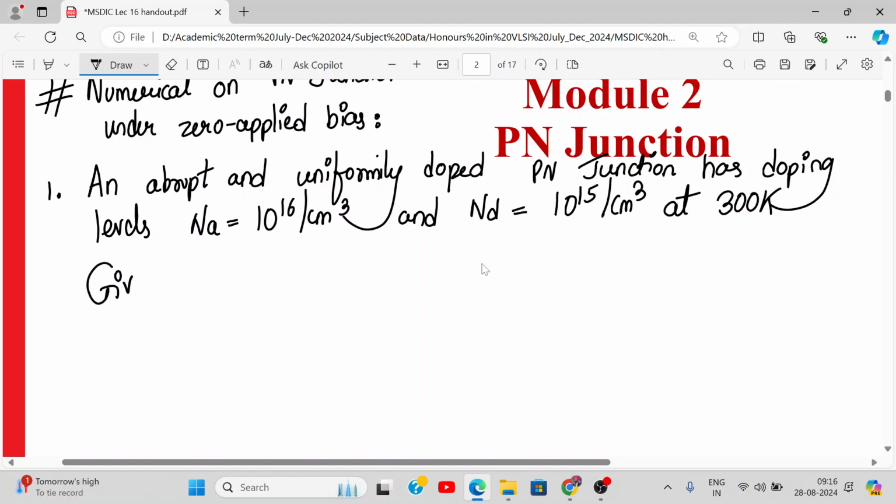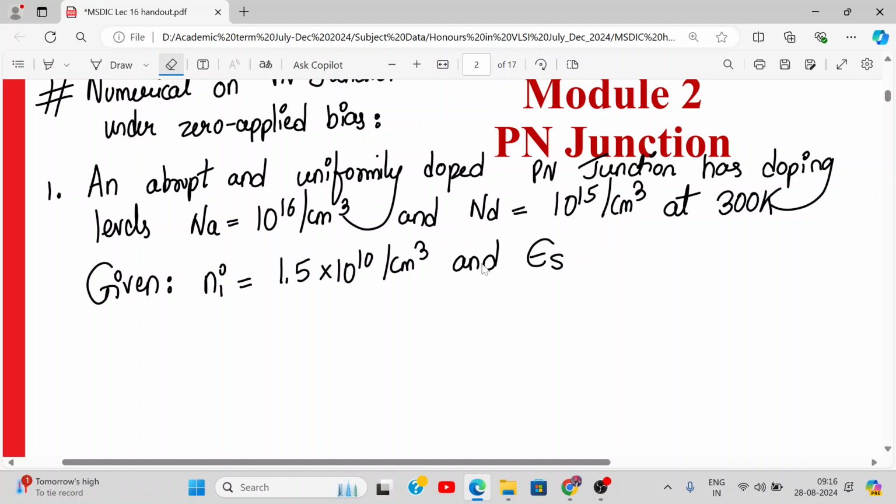Given intrinsic carrier concentration Ni is equal to 1.5 into 10 raised to 10 per centimeter cube, and epsilon of silicon, epsilon s, will be equal to epsilon naught into permittivity of silicon.